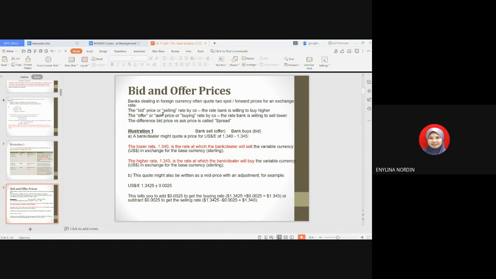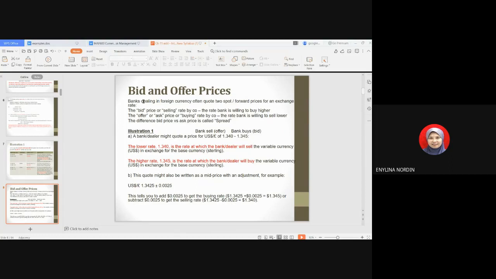The bid price, or selling rate by the company, is the exchange rate that the bank is willing to buy. The offer or ask price, or buying rate by the company, is the rate that the bank is willing to sell.